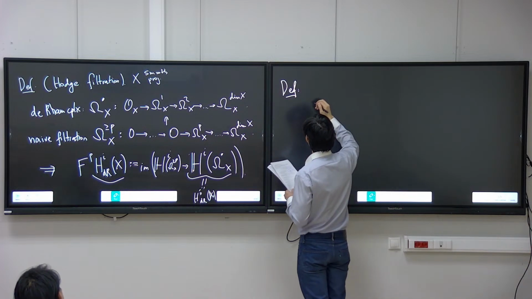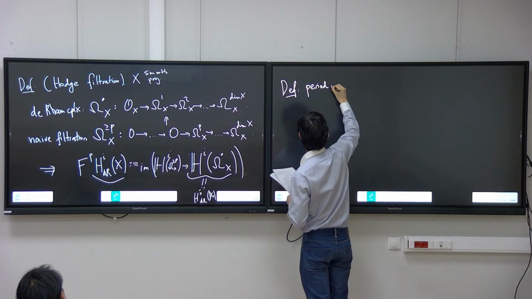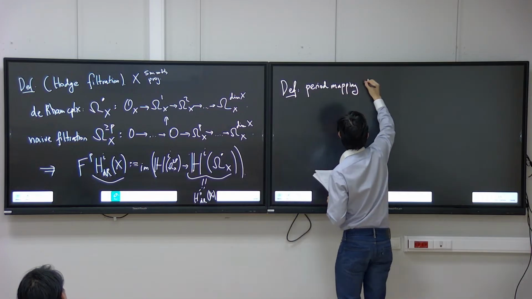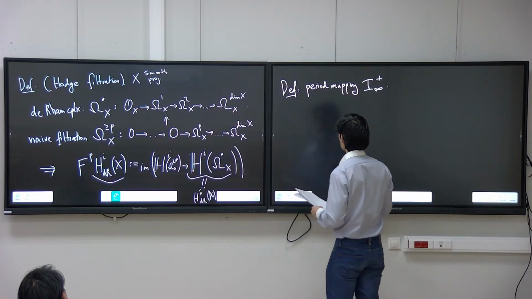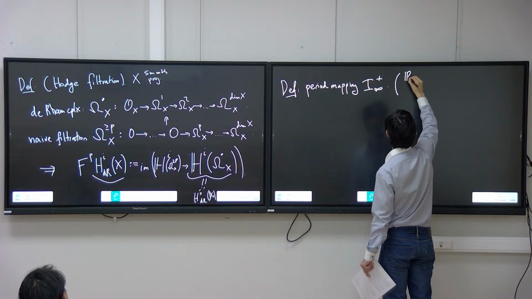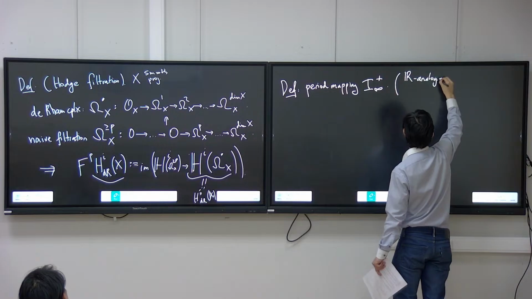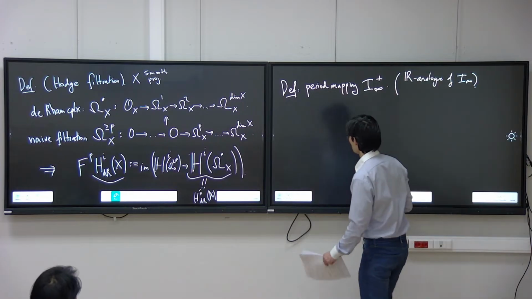So this is the period mapping I_infinity^+. The definition is as follows. You can think of it as a real analog of I_infinity.